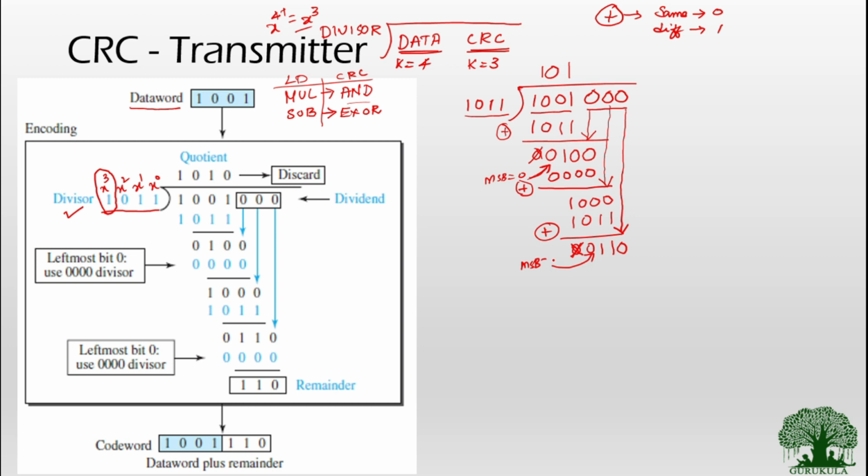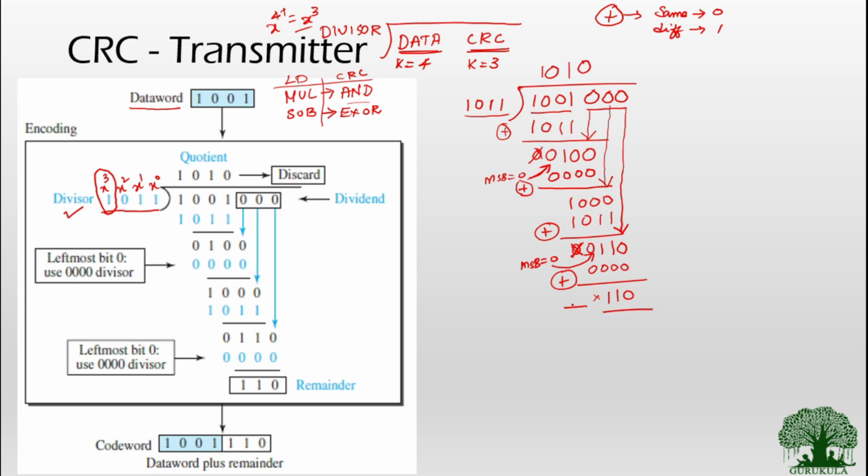If the MSB is 0, then again I add a 0 to the quotient, and perform an AND operation between 0 and the divisor polynomial. That gives me all zeros here, and then I perform the XOR operation. If I perform XOR, I end up with 1 1 0. There are no more bits to bring down, and usually we neglect this first value.